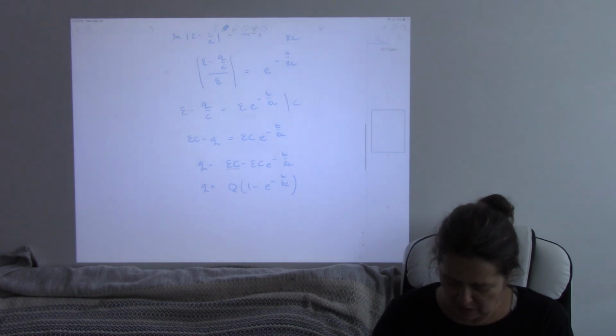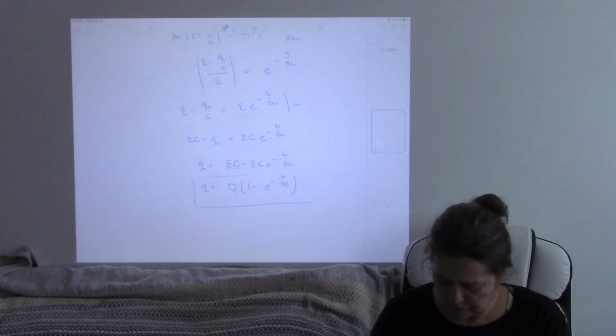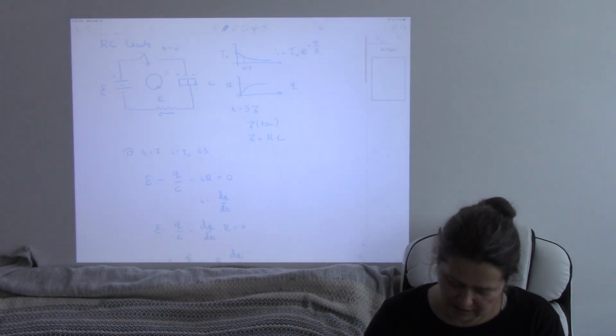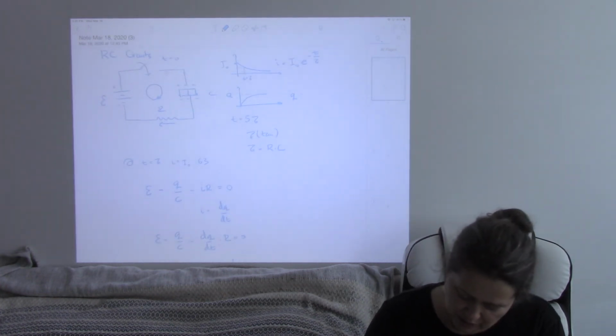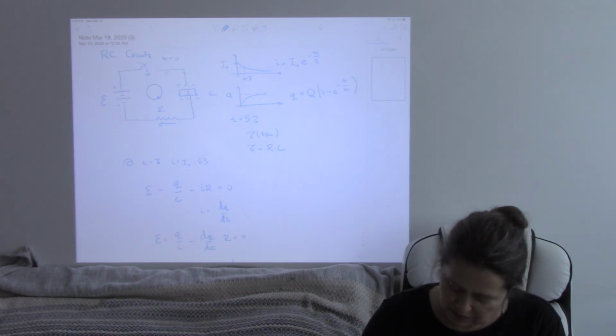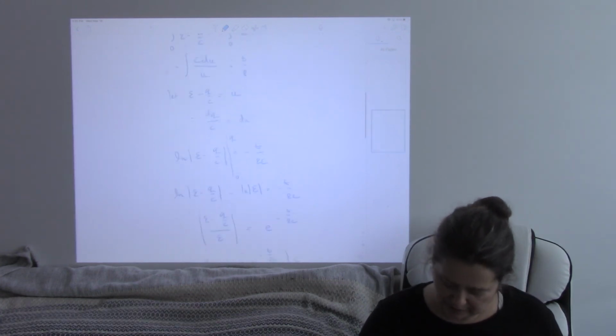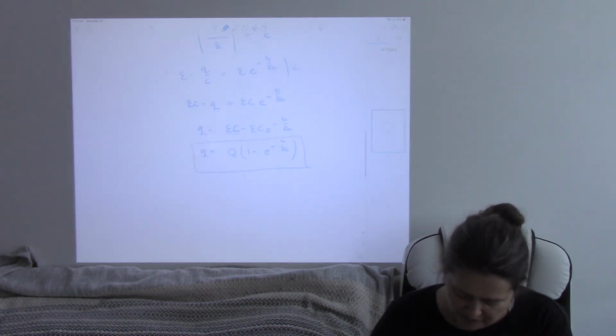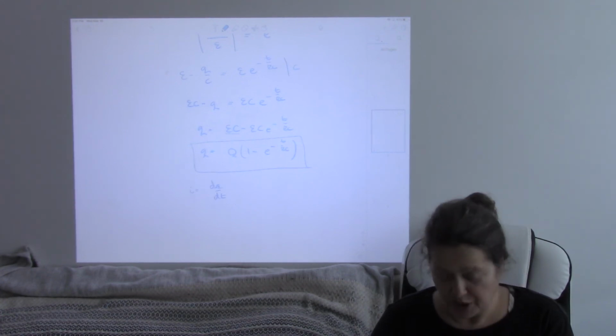So that is going to be our expression for Q: Q equals Q final times (1 minus e to negative t over RC). RC is our time constant.